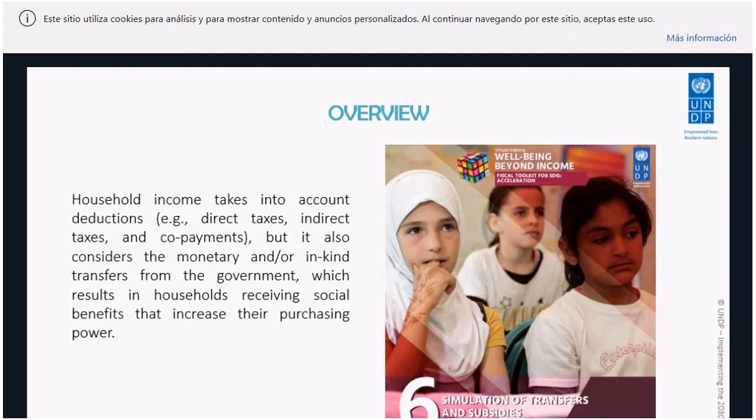Once we take into account the effect of direct taxes and indirect taxes, we can see, and this is an actual example in the case of Guatemala, that the transfer increased, let's say, 30% the disposable income of the poor individuals in Guatemala.